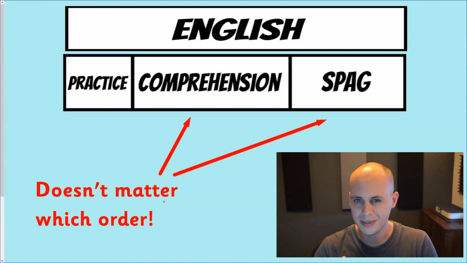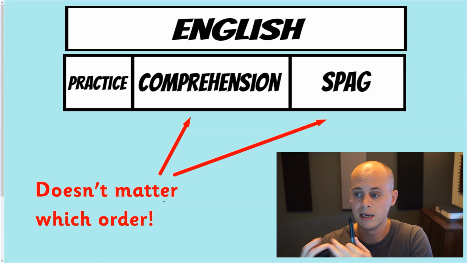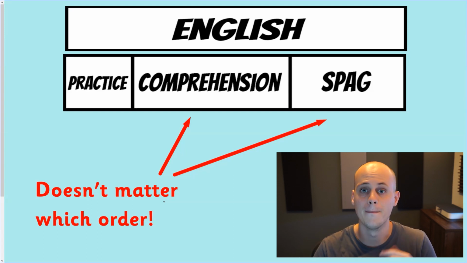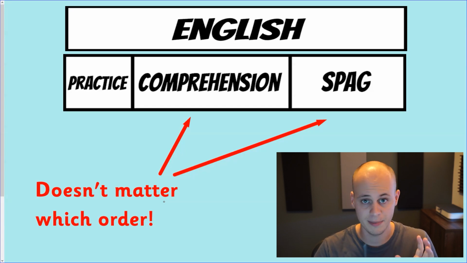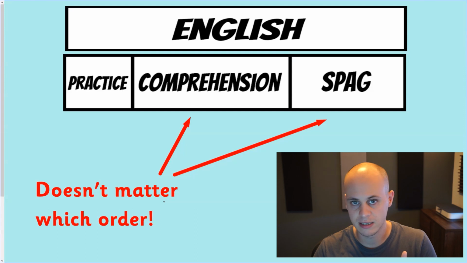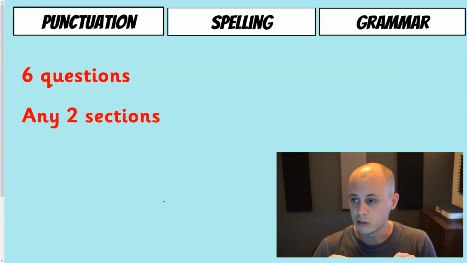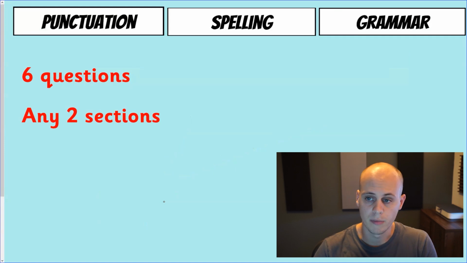And the problem is the comprehension is only about half of the mark. So their timer goes off and they haven't actually completed half of the paper, despite the spelling, punctuation, and grammar questions being much quicker. So it is more efficient to do them first, get them out of the way. You might complete them in 6 minutes, and then you've got all of that rest of that time to work on the comprehension half. So let's break down the spelling, punctuation, and grammar a bit first then, and we'll come back around to the comprehension later.